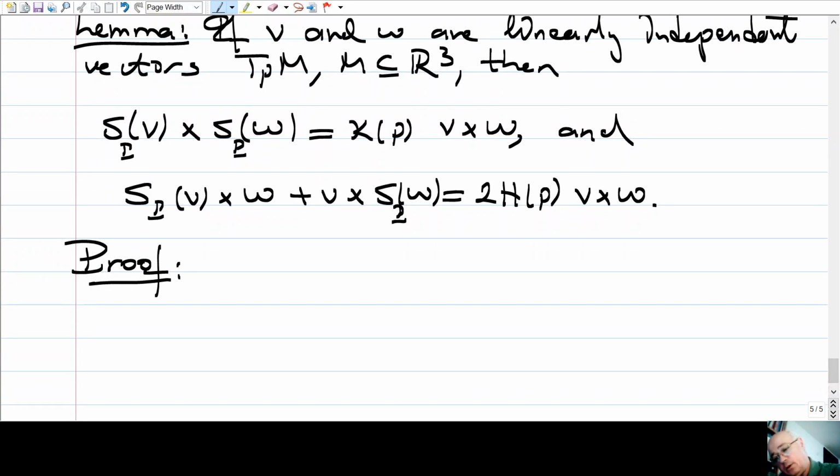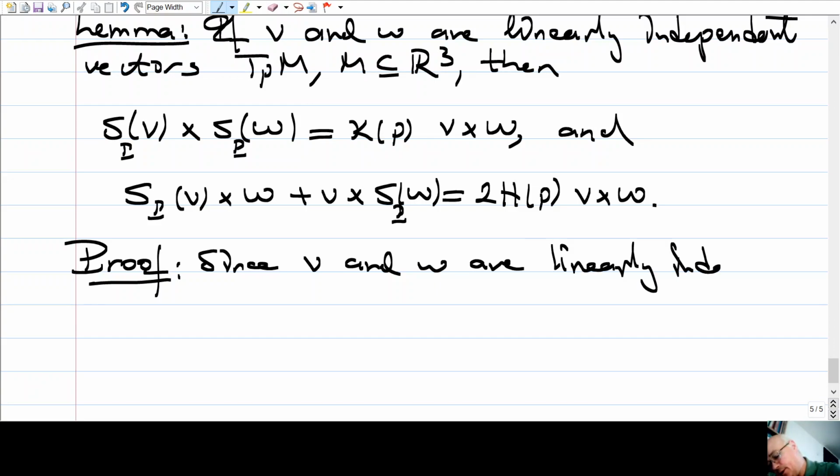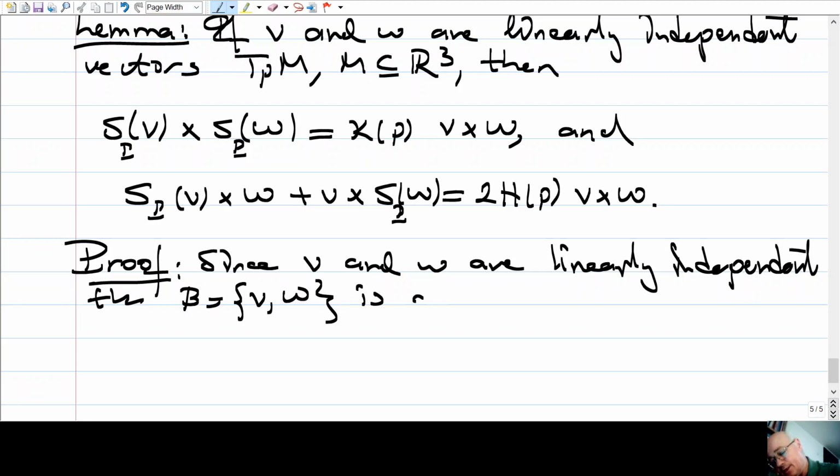Now, V and W are linearly independent, therefore they form a basis. So let me just write it down. Since V and W are linearly independent, the set beta, which is V and W, is a basis for the tangent space.